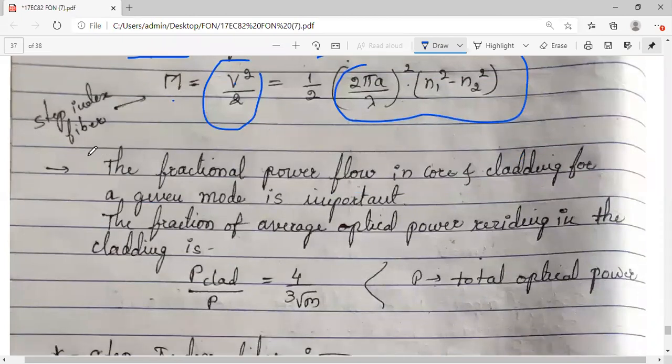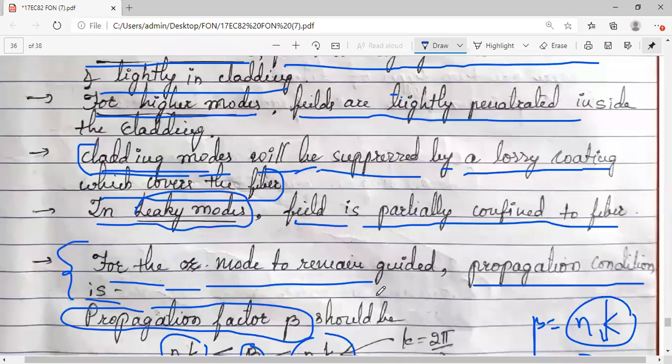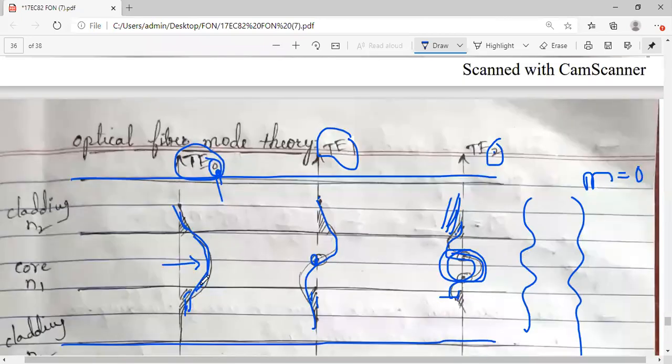And this is one more equation which may be helpful to you in problems, but you can make a note of it. As we have seen in this figure, whenever the modes increase, the field distribution is mostly at the center.